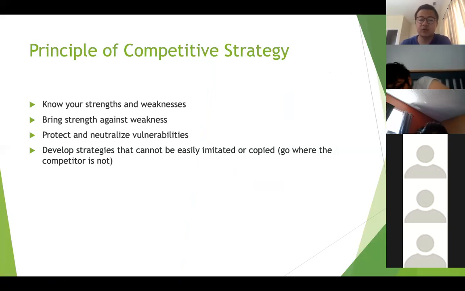The third one is protect and neutralize vulnerabilities. That means if you have some very weak step or process, you have to protect it from attacks by competitors. The last one is develop strategies that cannot be easily imitated or copied.